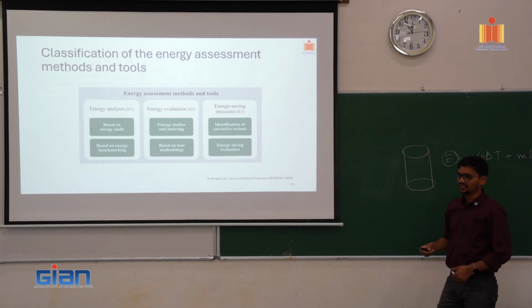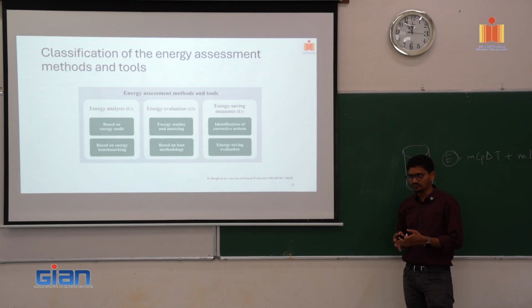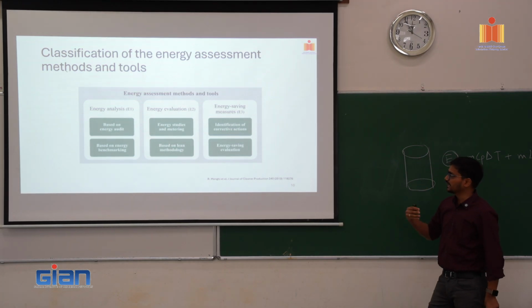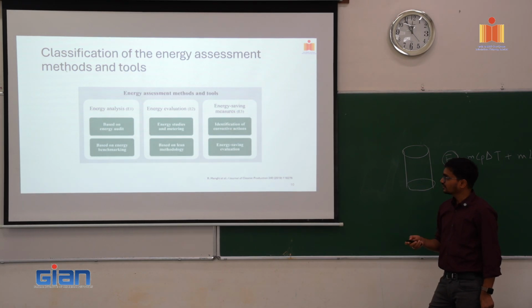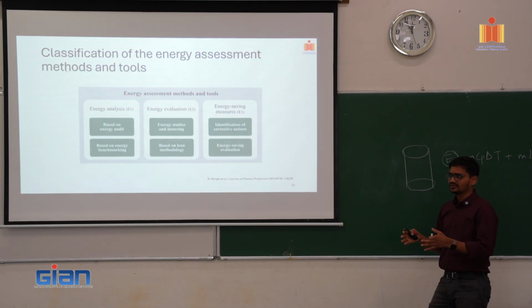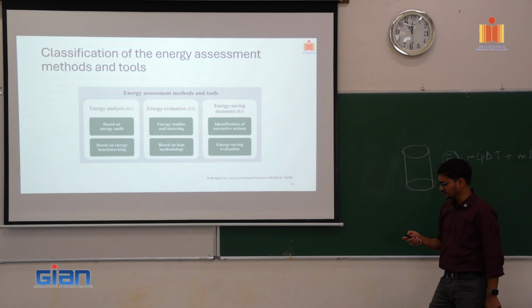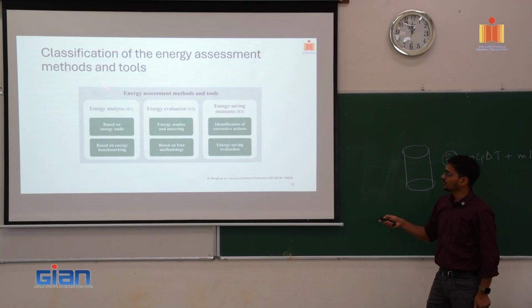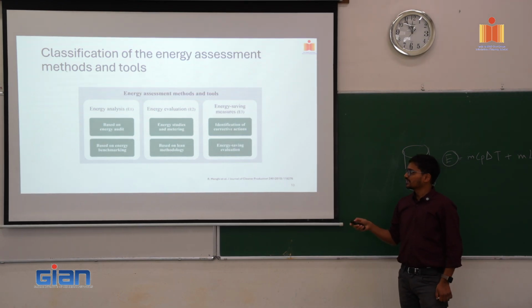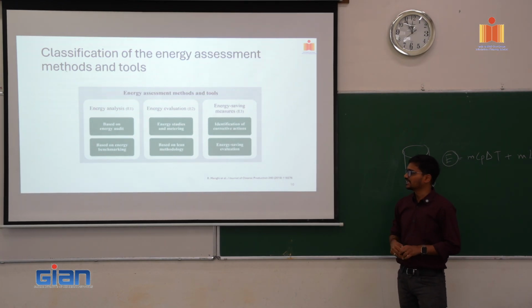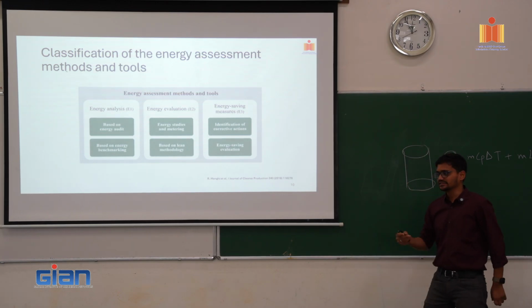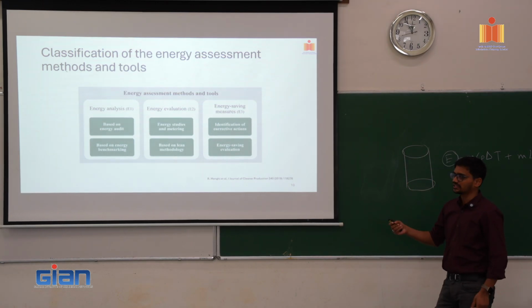For energy evaluation, you can develop some statistical models or mathematical or process models that give you an idea about the energy needed for a particular process. Eventually all of these relate to the energy saving measures, because it is not sufficient to only do the energy analysis and evaluation, you also need to see how to optimize the process so that you can save more energy.